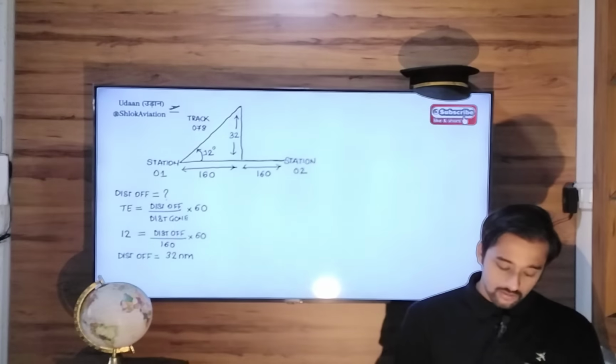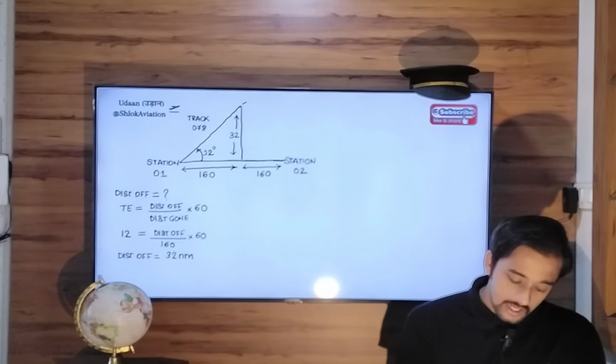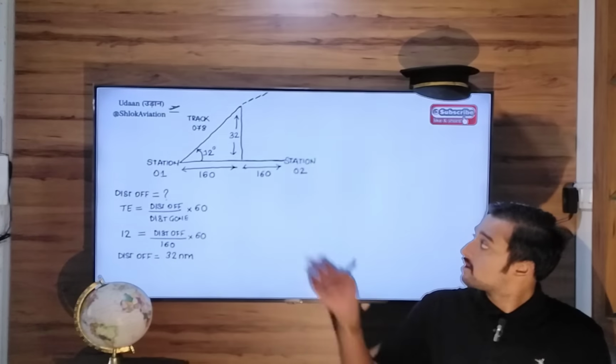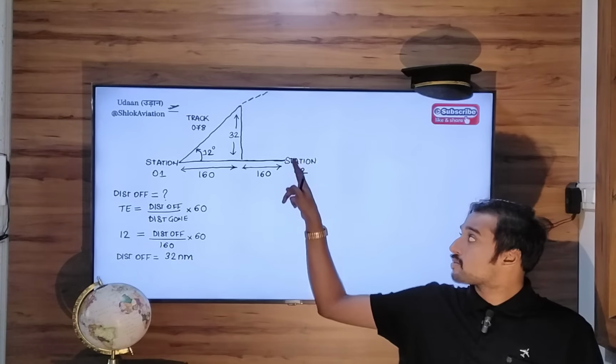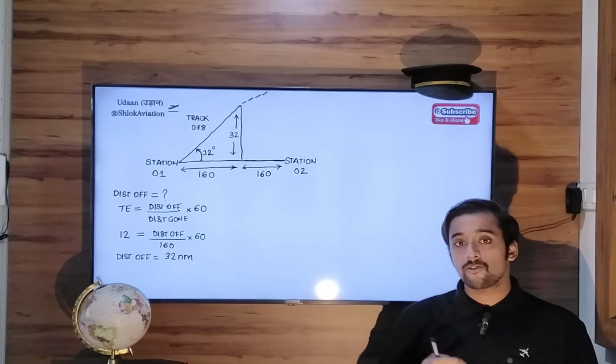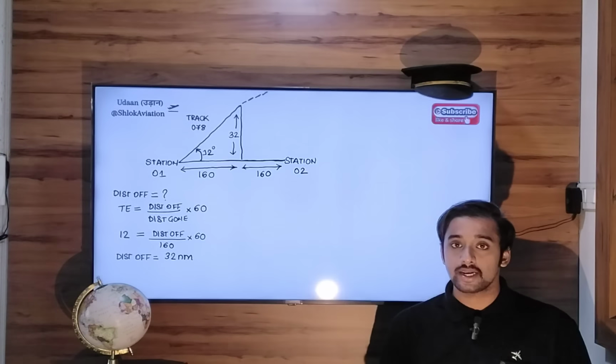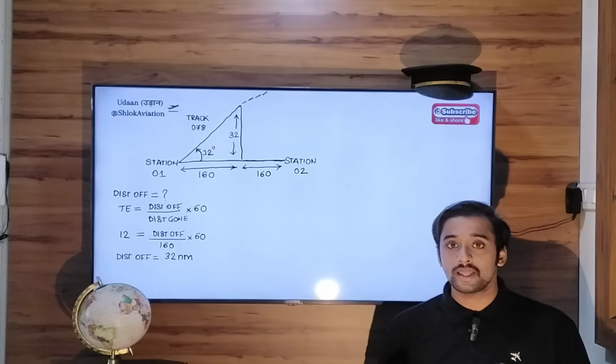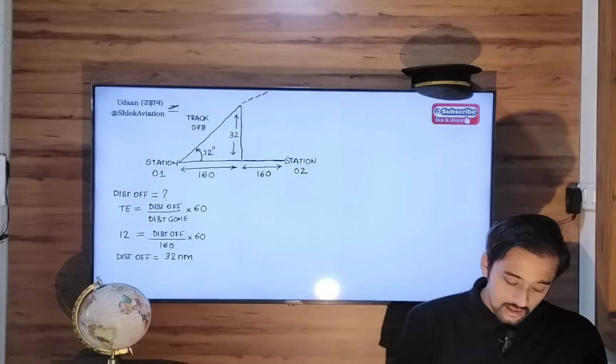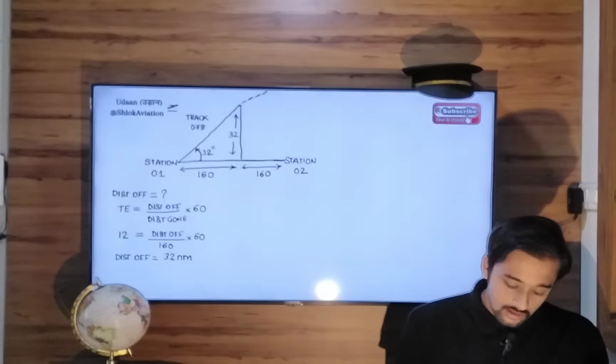Now, if we continue flying along this track, we will deviate far away from our station number 2. So our first priority will be to correct that deviation, to stop that deviation. So we will fly parallel to this track. But if we start flying parallel to this track, we will go again somewhere else.